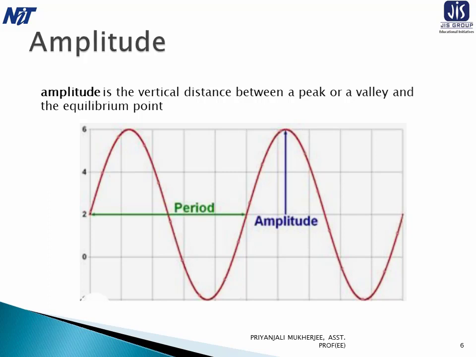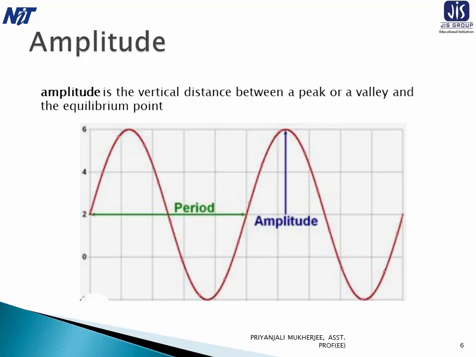There are a few terms in the case of the alternating quantity, among which the first one is waveform. You are looking at one wave, but actually there are two complete cycles. The shape of the curve of this voltage or current when it is plotted against time is called the waveform.